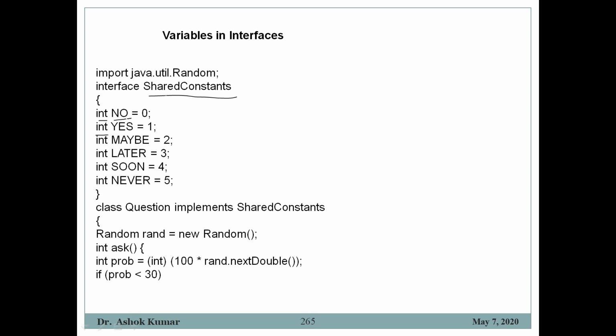As we discussed earlier, if we declare variables in an interface, those variables are static and final by default. So all these are final variables, and final means they are constant; their value cannot be changed later on in the program.